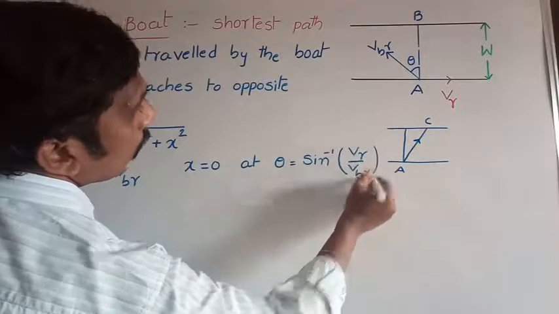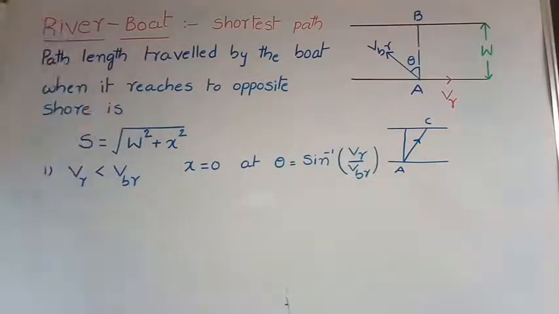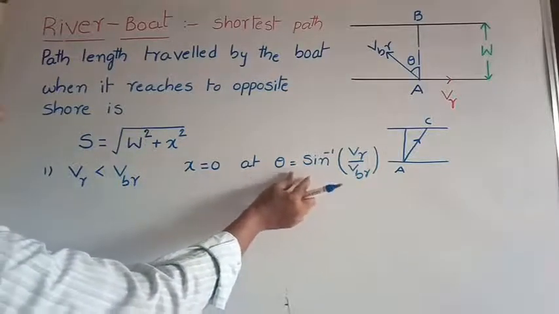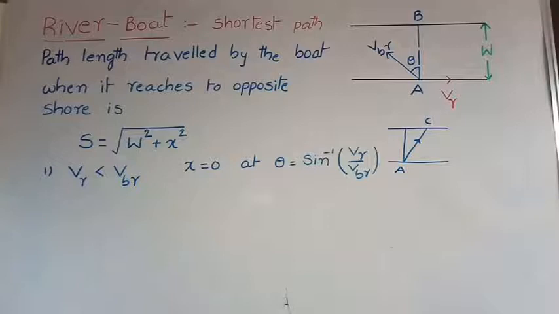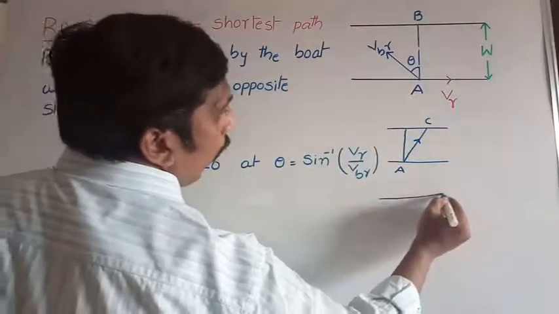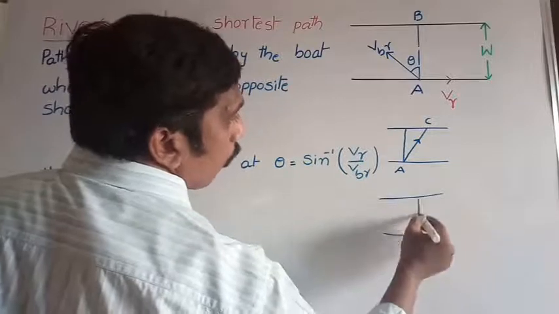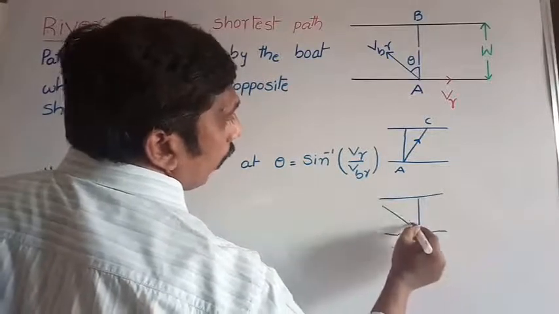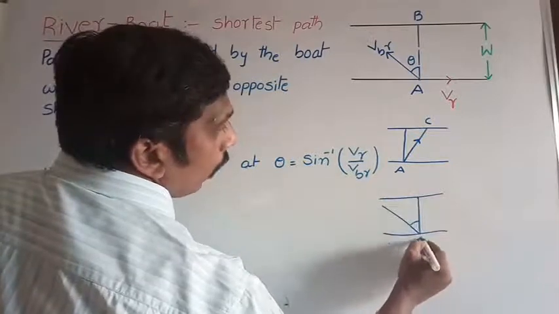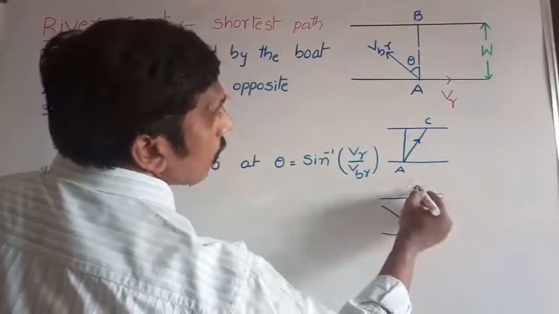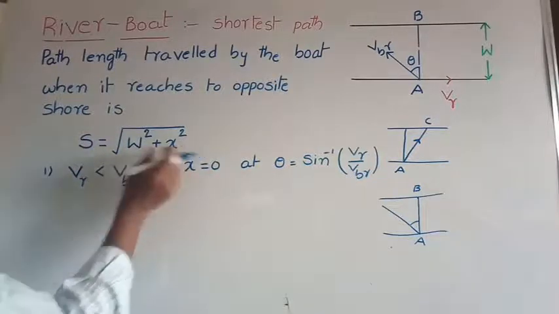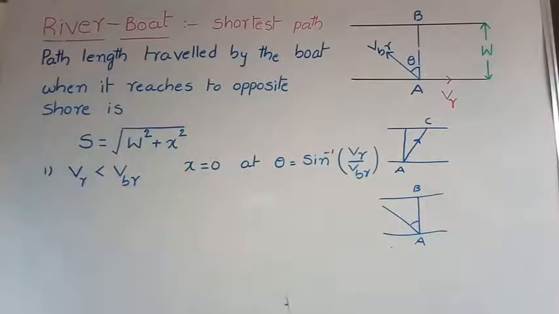If the boatsman starts from point A making an angle theta with the vertical, with this angle he reaches exactly the opposite point B. In this condition, drift is equal to 0. So drift 0 means x is equal to 0, and x equal to 0 means S value is minimum.